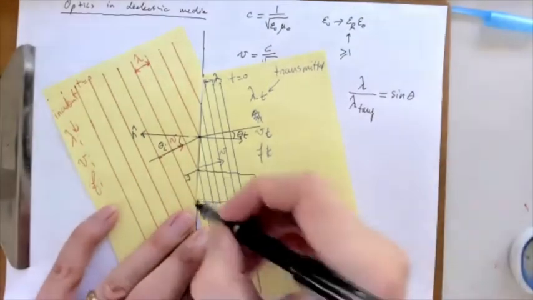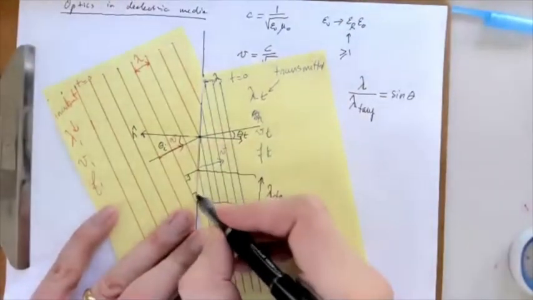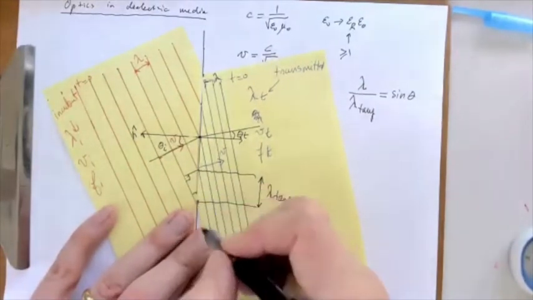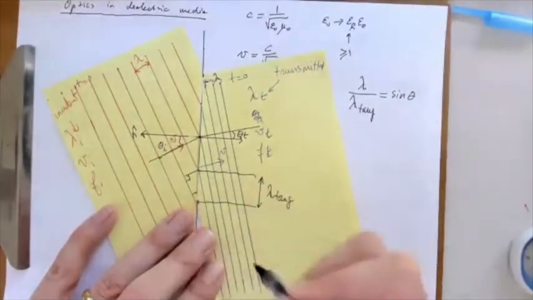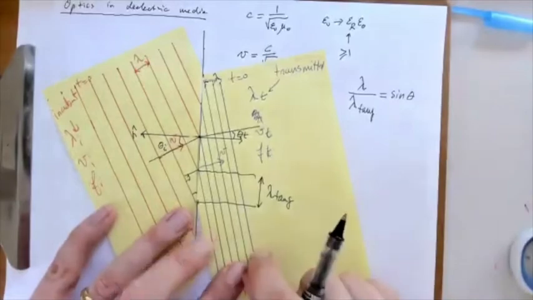Why is that? Because there's an angle here that's the same as this angle. If this is theta, then this over that, the upright over the hypotenuse, is your sine of theta. So lambda over lambda tangential is sine theta.